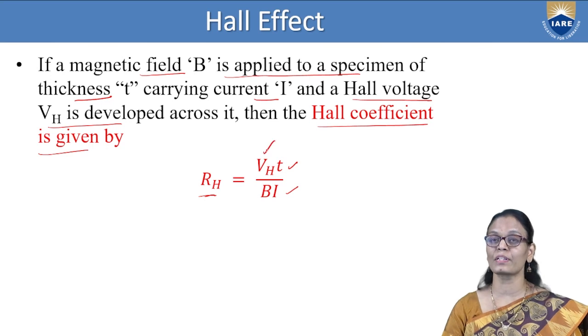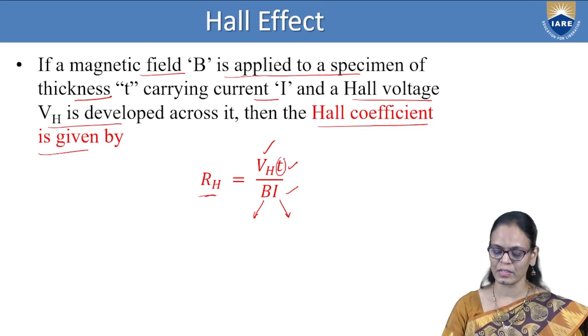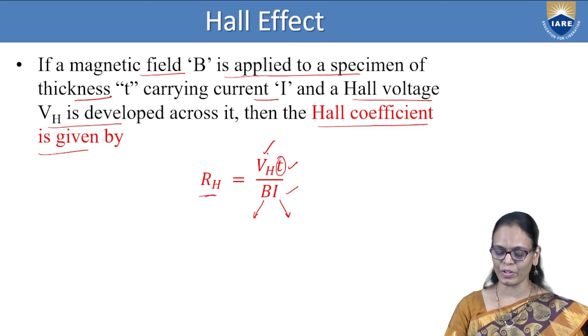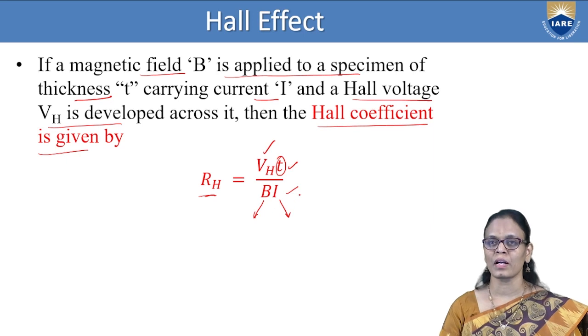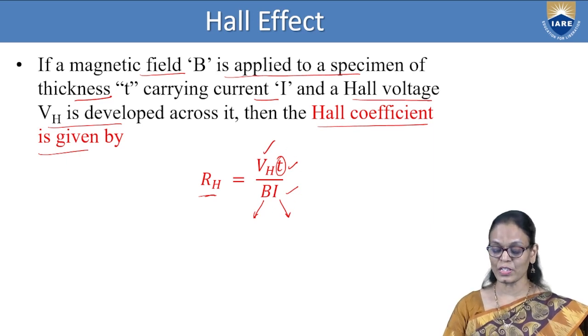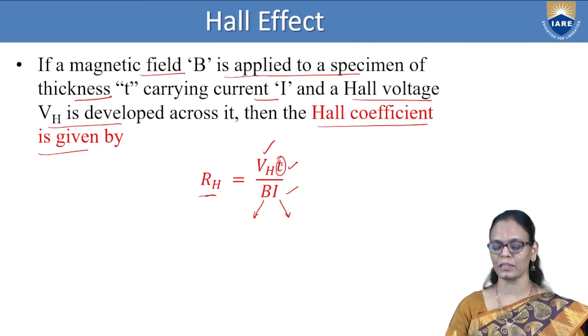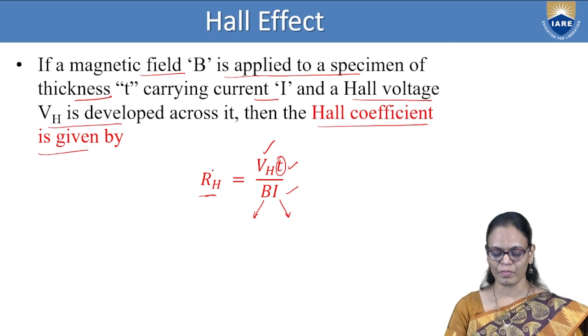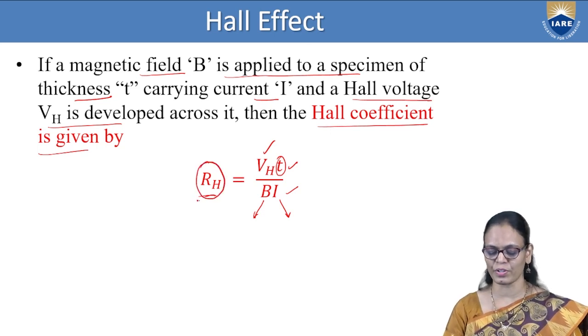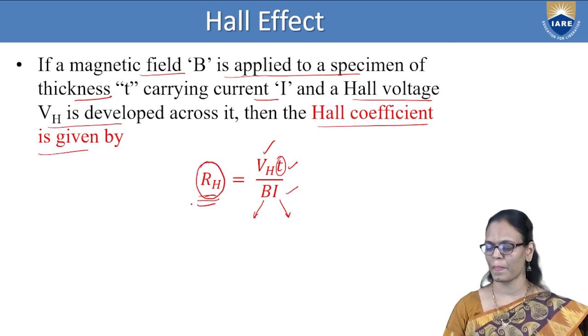So VH is the voltage that is developed, B is the magnetic field, I is the current, T is the thickness. So when you have a conductor to which a magnetic field and current are perpendicular to each other, there is a voltage that is developed along its thickness, and we can find the Hall coefficient using this formula.